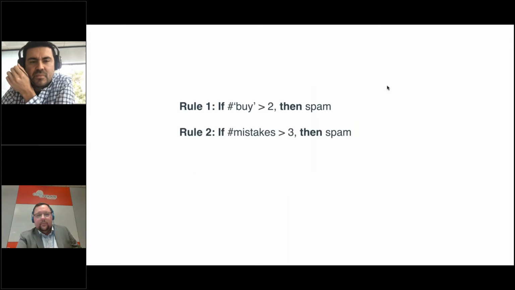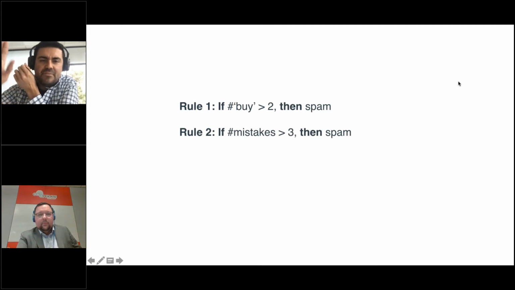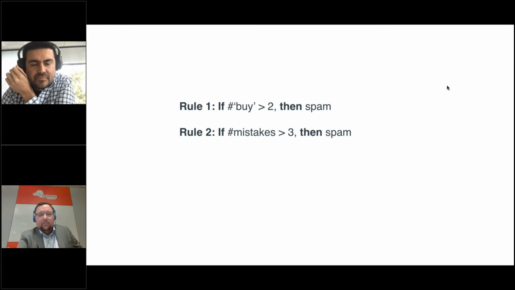So we have these 2 rules. Can anybody come up with other rules? Maybe regarding the number of appearances of the word buy and the number of mistakes, can you think of other rules? Maybe using 2 of these together, combining them in certain ways. How would we combine these 2 rules? I have a couple of ideas.